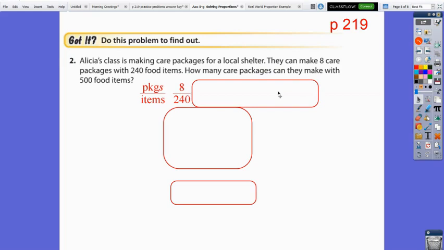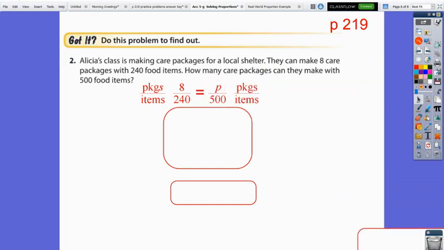So packages over items, 8 over 240 equals P packages over 500 items of food. This counts as definition of the variable. If you want, you could say P equals packages someplace else and not write these out like this. But this also helps you make sure that your two ratios are organized properly.